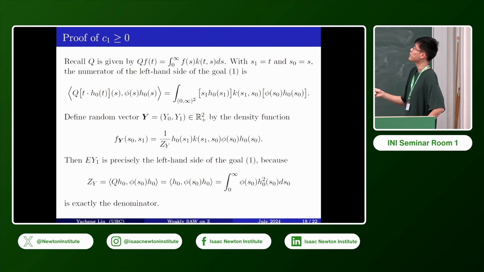I have h0 of S1, my kernel that relates the 2 components, and then times the phi of S0, h0 of S0. So if I look at the expectation, which brings out the first component, S1, that will create exactly the left-hand side of the inequality that I want, which is here. So the expectation creates an extra S1, and the rest I put in the density function.